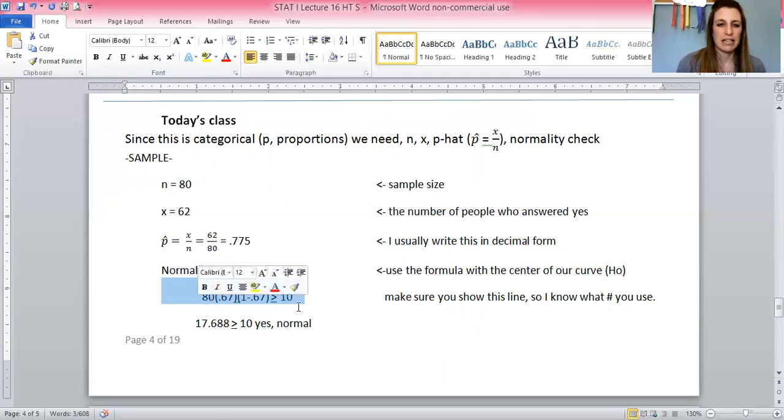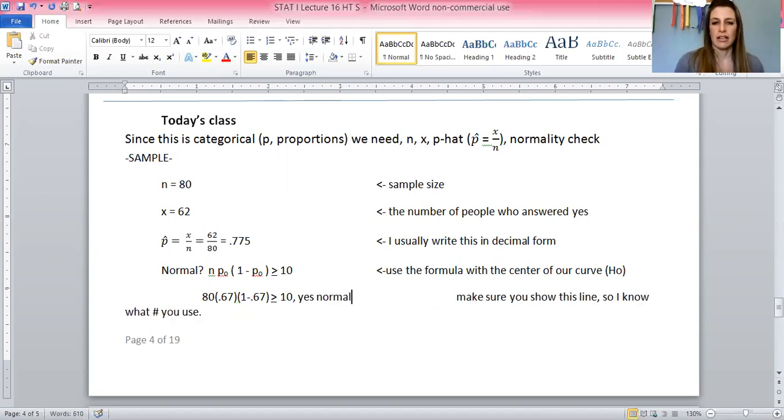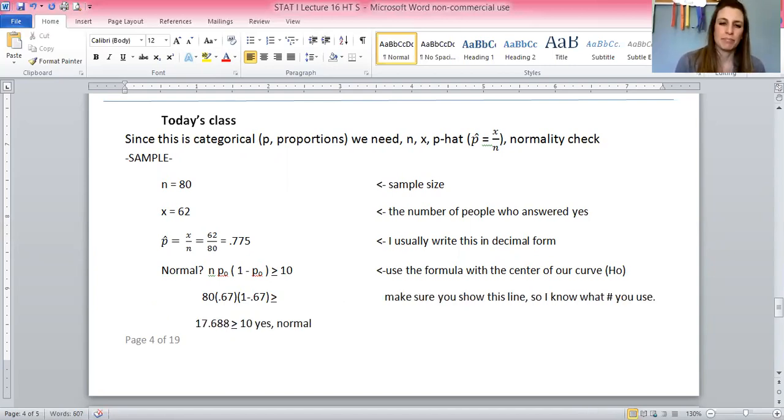You can go from here and say, yes, it's normal, and that's fine with me. You don't have to actually say it's 17.7. I don't care about that. If you know it's greater than 10, then that's fine. So I need you to show me the calculation you're using, okay?